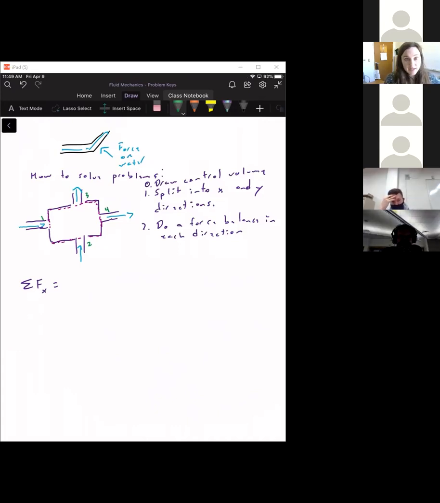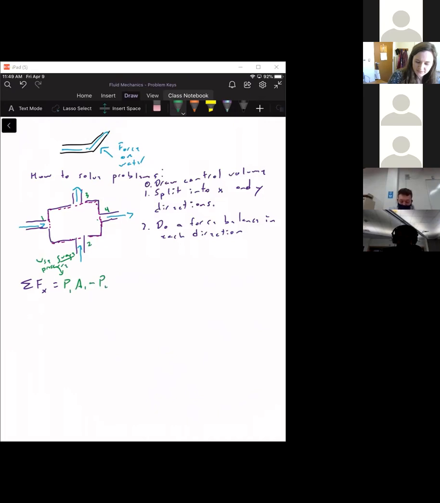So pressure 1A1 is pressing on this volume to the right, which is the positive direction. So I'd call that P1A1, use gauge pressure. And then P4, and the pressure over here is pointing back in the right direction.